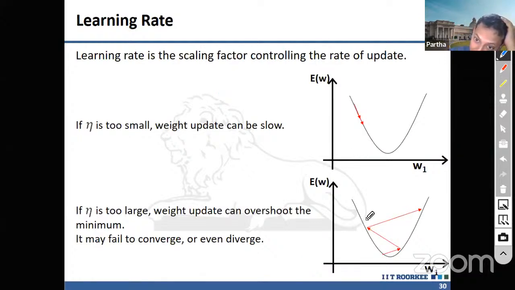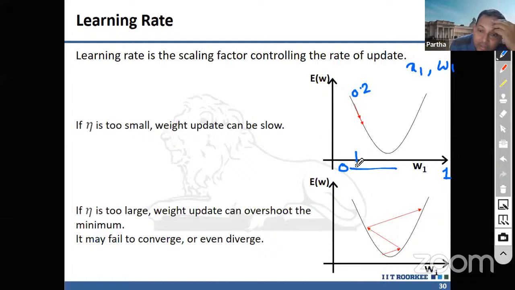If you have this error surface, considering a single weight, for example x1 and weight w1, the values of w1 can be 0 to 1, and I start with some random value like 0.2. The y-axis is error, and the x-axis is the w value.